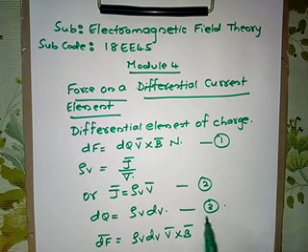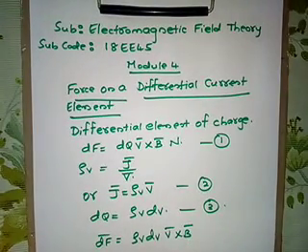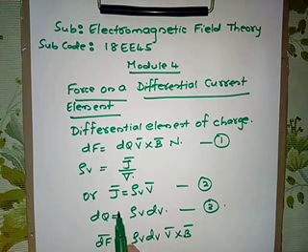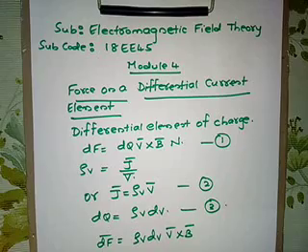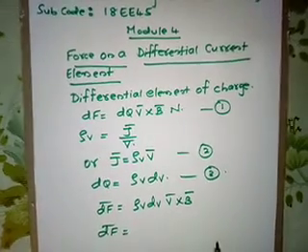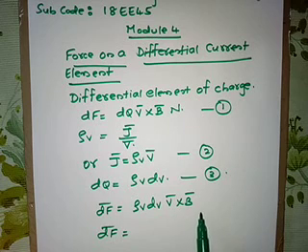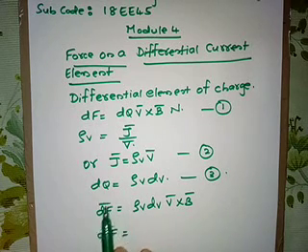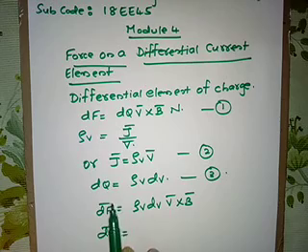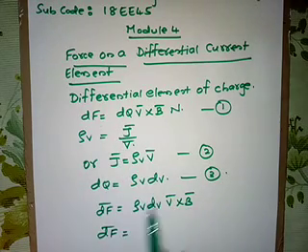One more expression here, expressing dF̄ in terms of J̄, using equation 2. We got dF̄ = ρv dv v̄ × B̄ by substituting the equation for dq in the first equation.